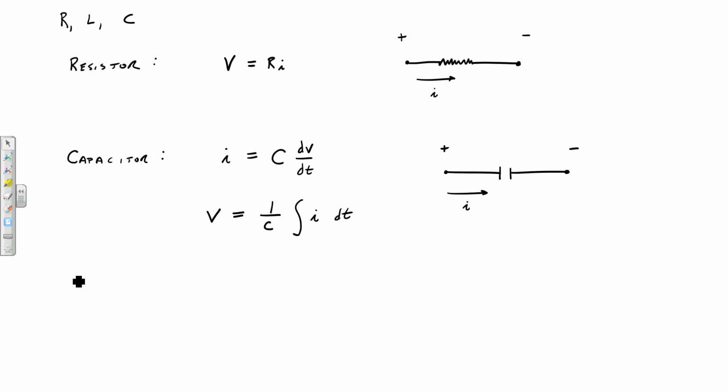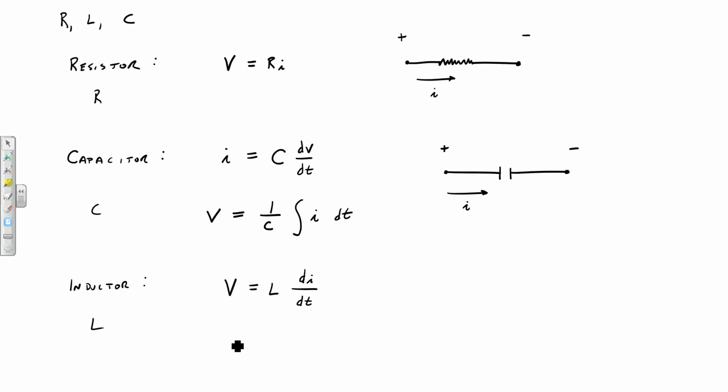And then the last key element is an inductor. So that's resistor R, capacitor C, inductor L typically, not I, because we'd be confused with current. So then we've got V is equal to L di dt. So it's kind of like the opposite, if you think about it, of a capacitor.